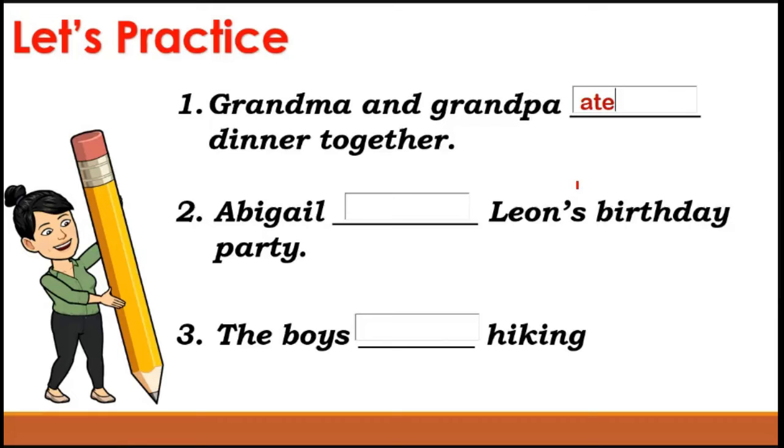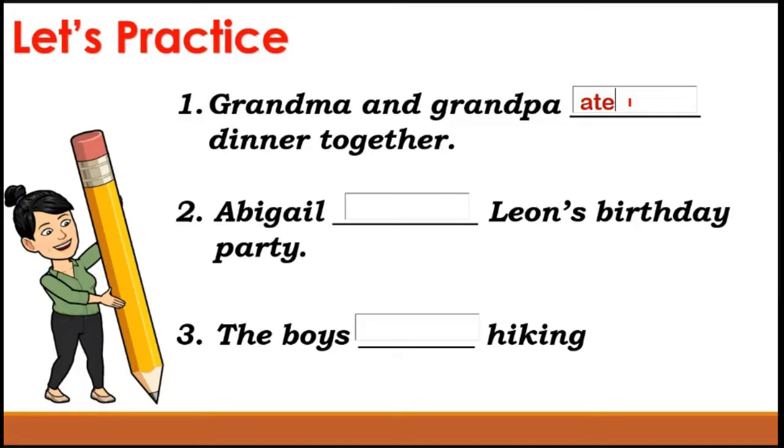Okay, who agrees that this verb makes our sentence correct? Okay, let us read. Grandma and grandpa ate dinner together. So, tama po ba yung ating verb? Okay, somehow it agrees with our subjects.